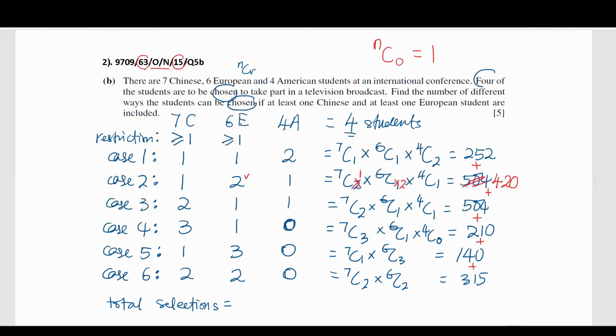So the number of ways will be 252 plus 420, 504, 210, 140, 315. And hence the answer would be 1841. Okay, so this is the answer for question 2.